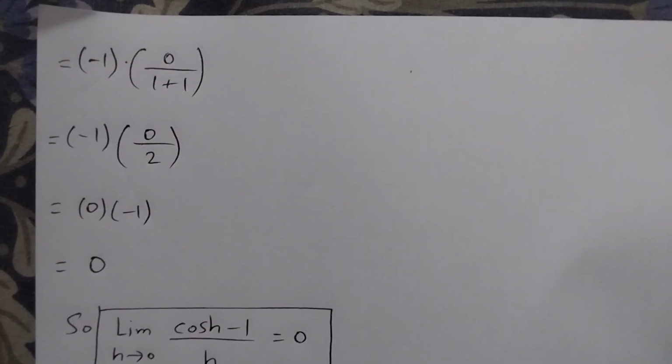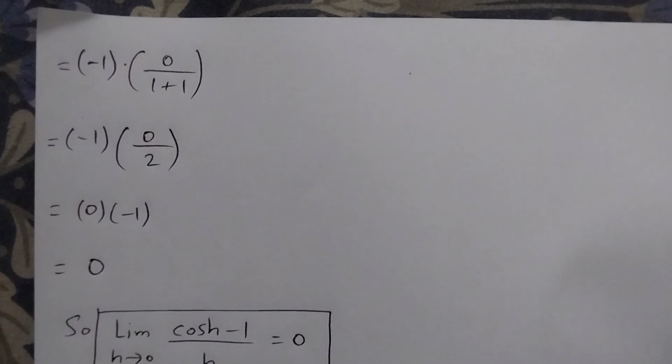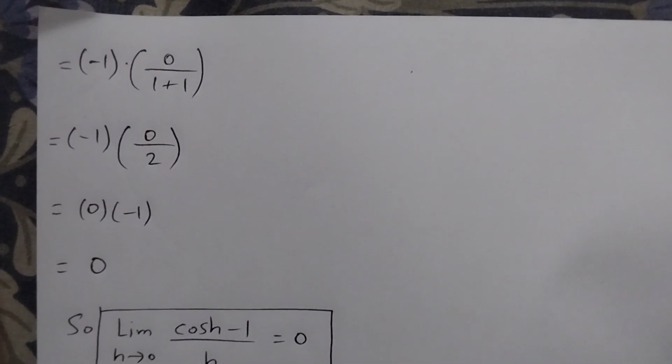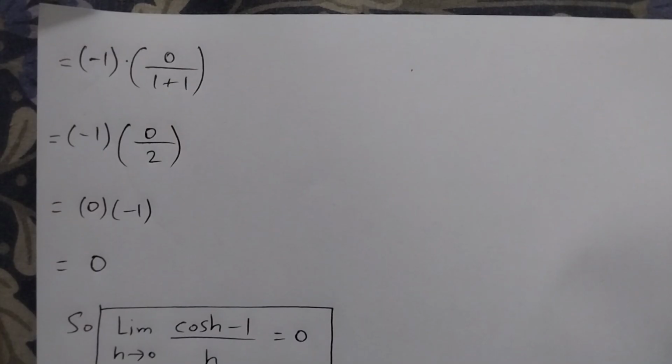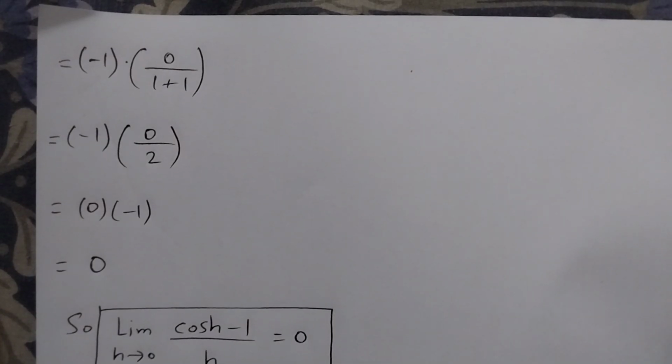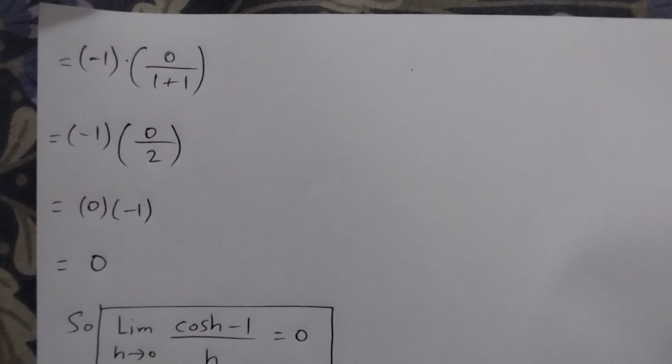So the limit becomes negative times sin 0, which is 0, over cos 0, which is 1, so 1 plus 1 in the denominator. This will be equal to negative 1 times 0 over 2, and 0 divided by anything is 0. So this becomes 0 times minus 1, and 0 multiplied by anything is equal to 0.